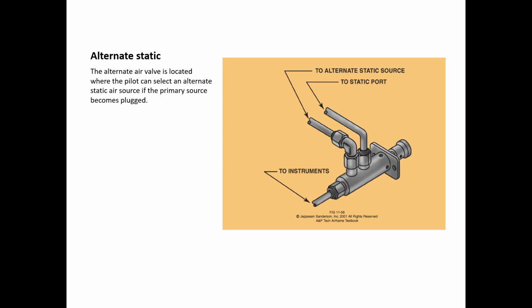You can switch over to an alternate static source and I would suppose the simplest way to explain it would be if you push it in, apparently that's going to connect this tube with the alternate. If it's pulled out, it's connected with the static port, the normal static port, the unobstructed static port.